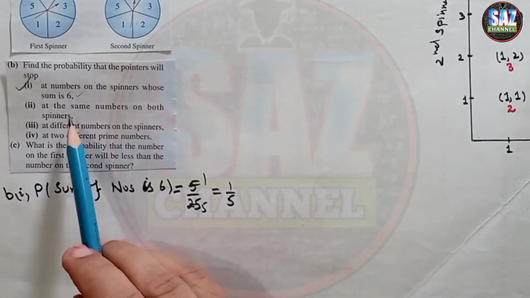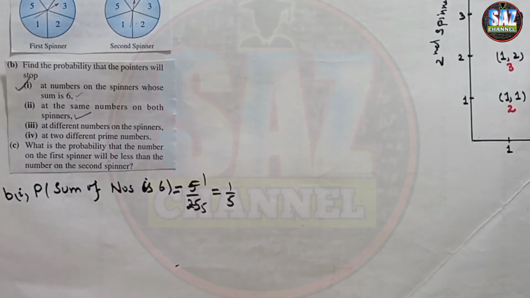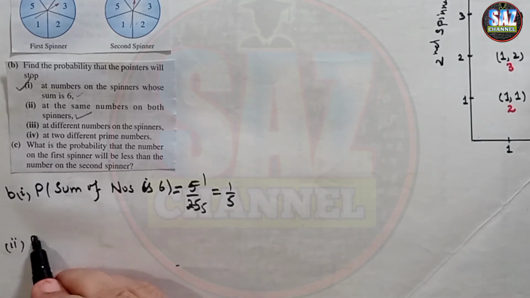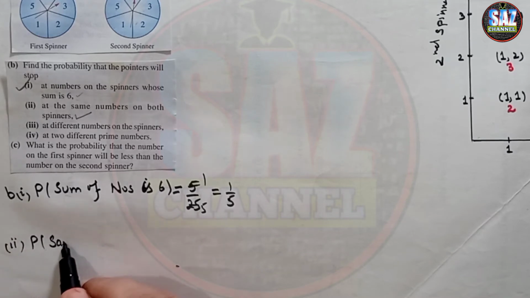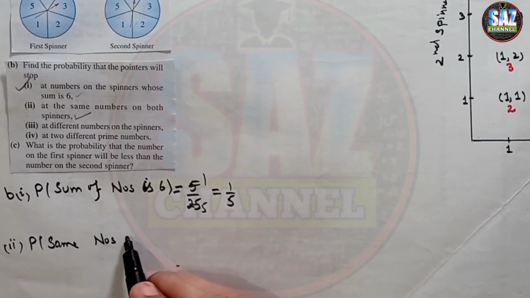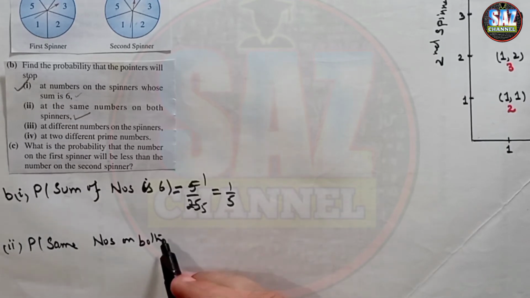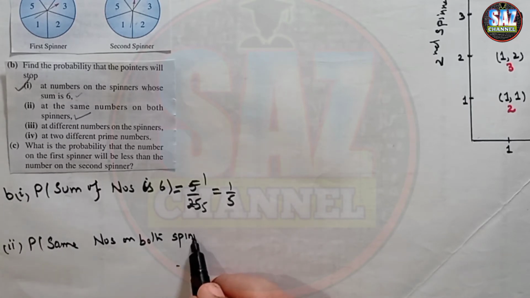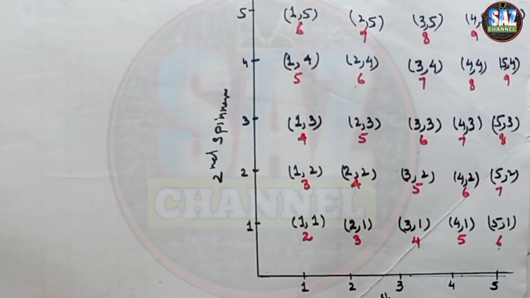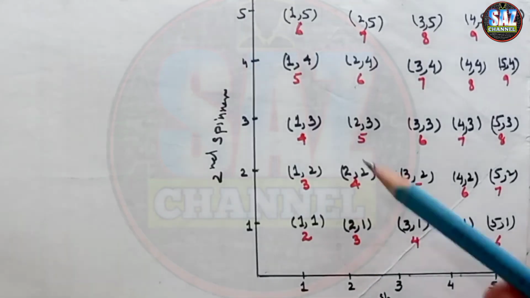Now the same number on both spinners. For this condition, the probability of the same numbers on both spinners: first see how many places there are where we are getting the same number.